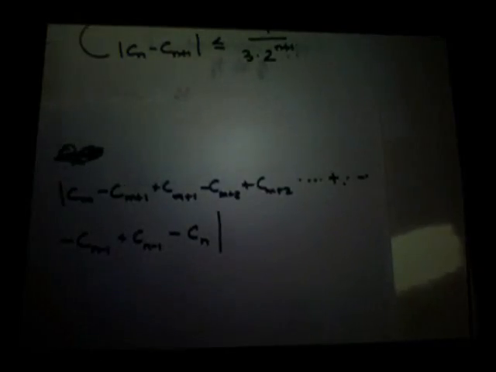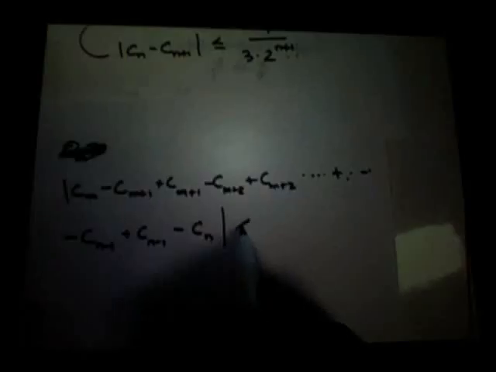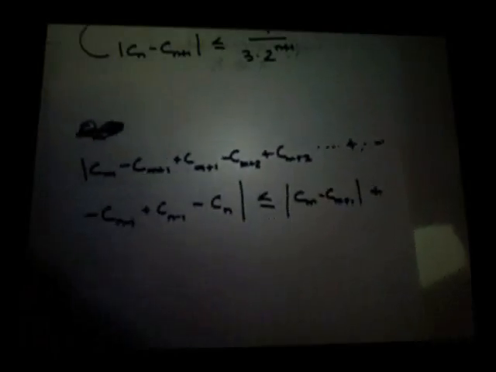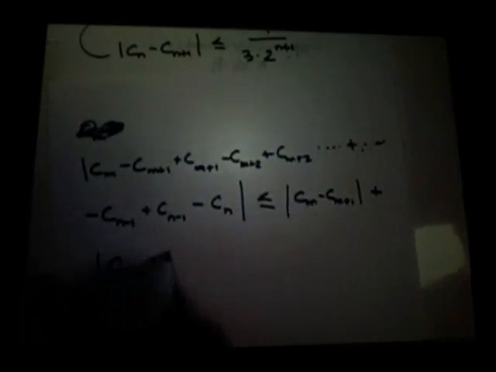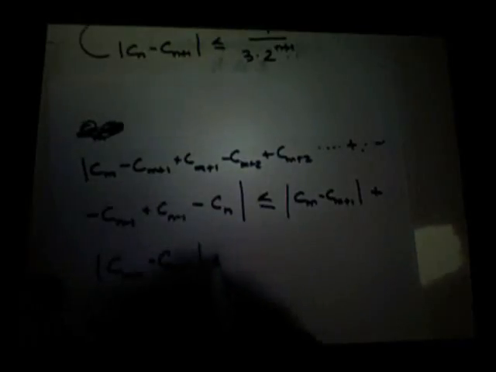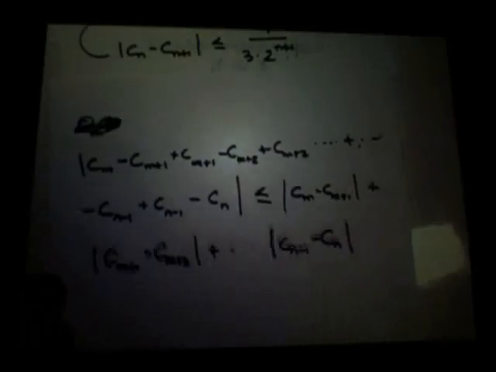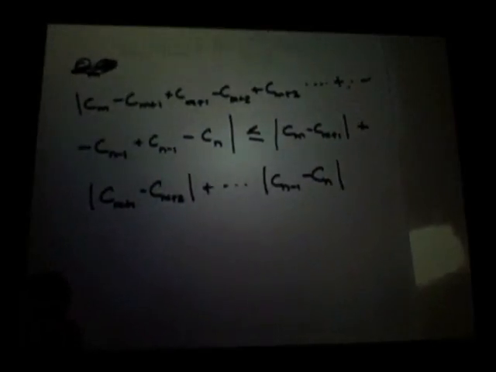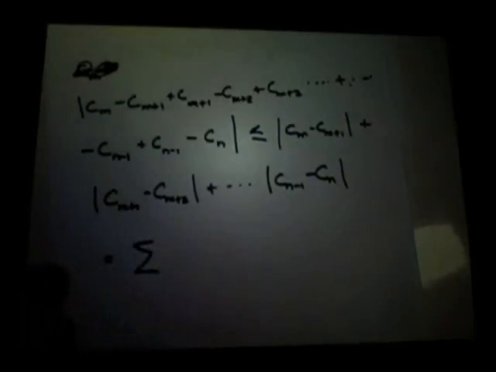By the generalized triangle inequality, the absolute value outside is less than or equal to what? The individual terms, right? All the way to the bitter end. True. And can we write that as a sum?